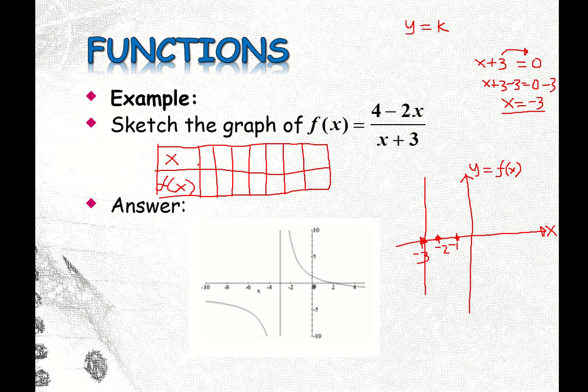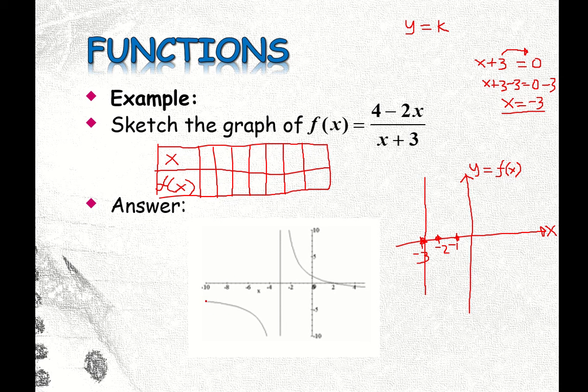After you put values for x here except minus 3, you have to calculate the value of f of x using this expression. Substitute the values, and after that, plot the points and connect them. When you connect the points, you will get this curve.